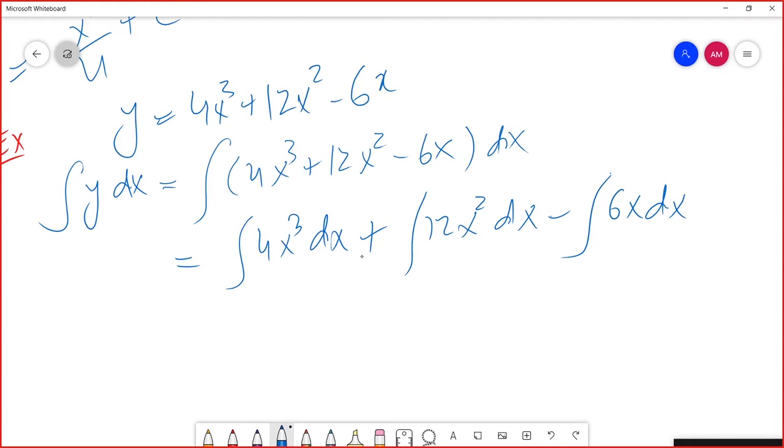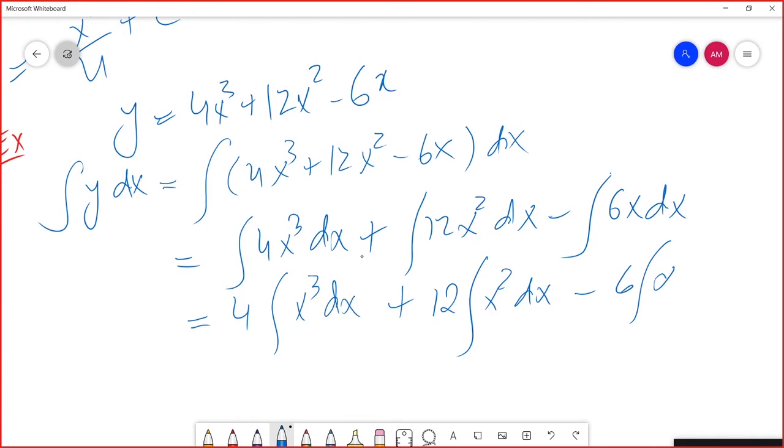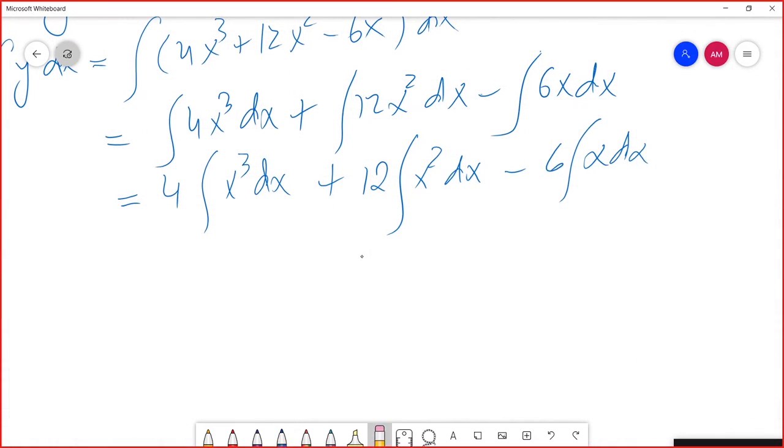So that is also valid here. So we would take this 4 out and say x cubed dx, plus we would take this 12 out and say x squared dx, and we would take my 6 out and say x dx. All good? I just changed these so that they look like x.